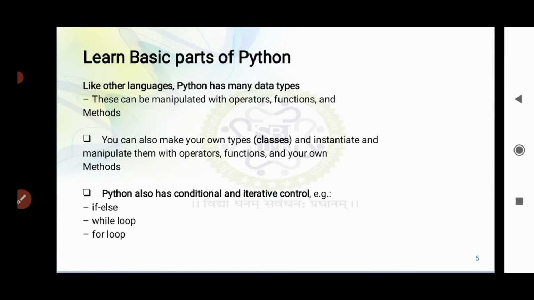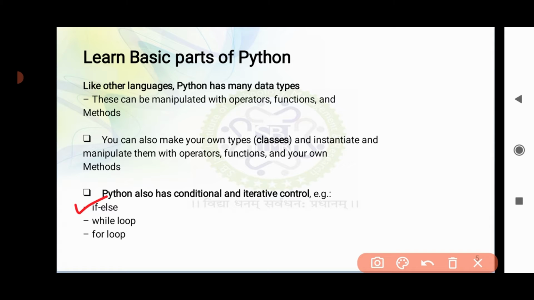Apart from this, Python does have conditional and iterative control statements as that of C. Like you may remember that we have already done conditional programming with if-else statement in Python.